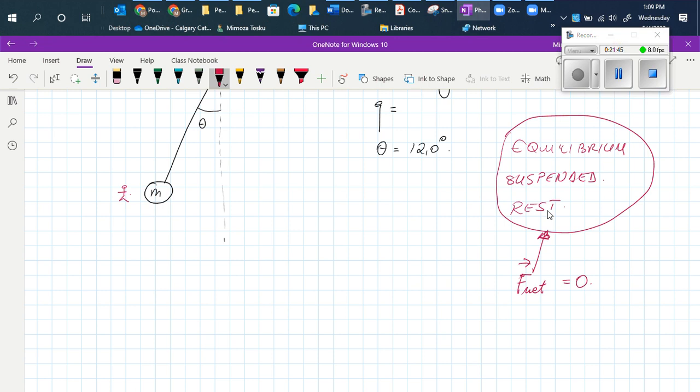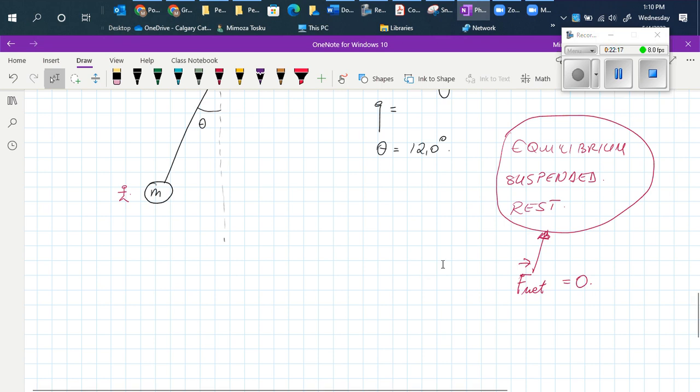And as soon as you see that you are analyzing the force net, the natural logic brings you to the conclusion that you have to draw the free body diagram of this object. So as soon as you see the words equilibrium, suspended, at rest, you think force net is equal to 0.